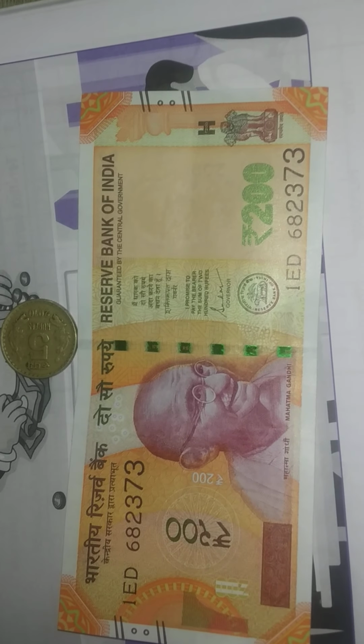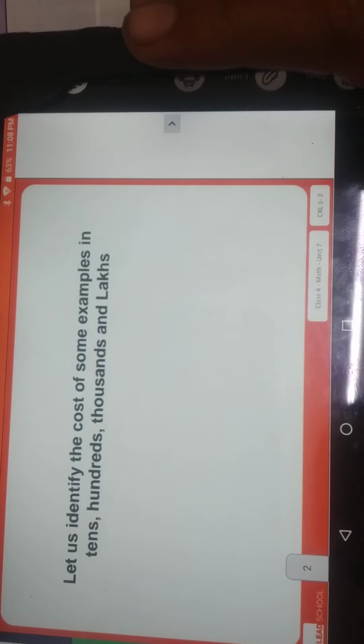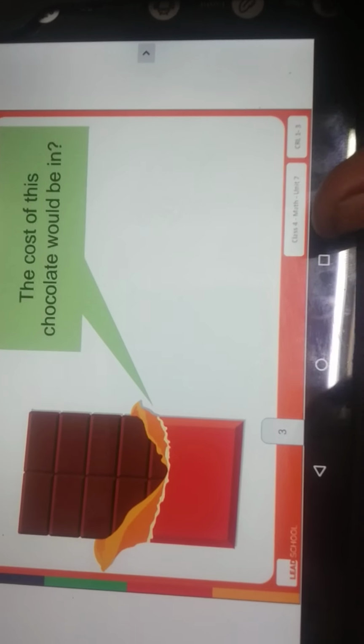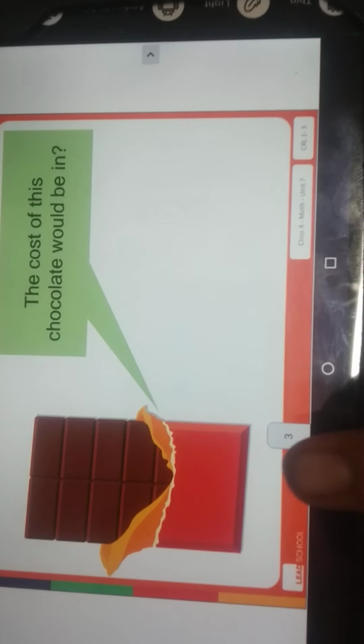Now I'll show you something here. Okay, now look at this. Cost. What was the cost? That I'll explain here. Let's identify the cost of some examples in the tens, hundreds, thousands and lakhs. Now did you identify what this is?